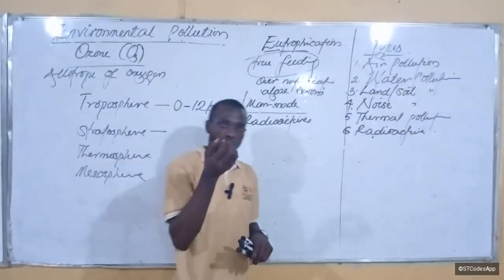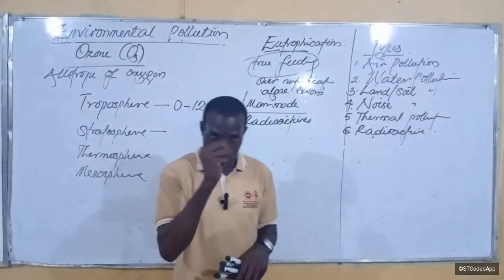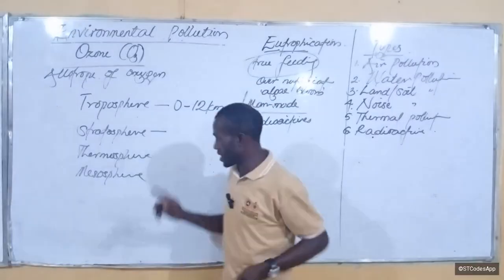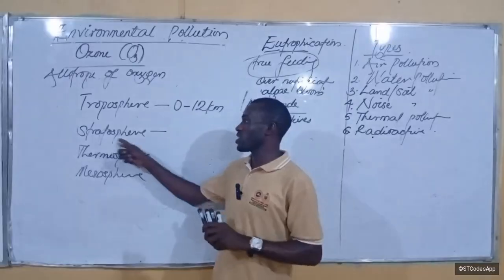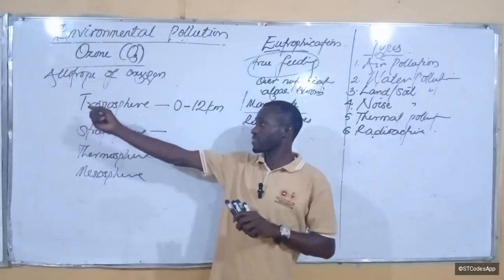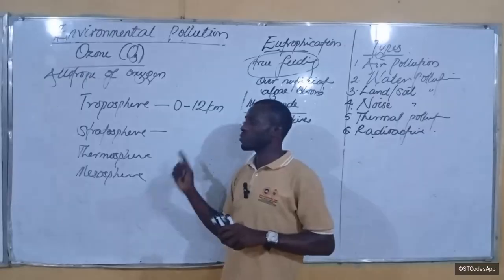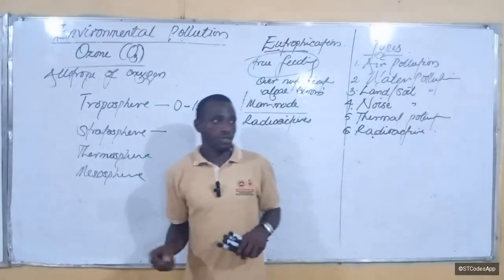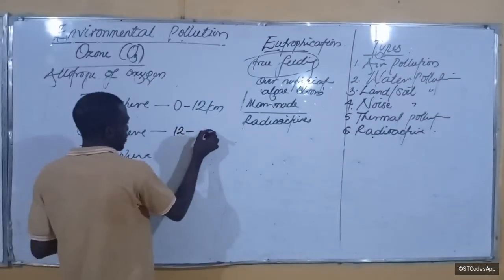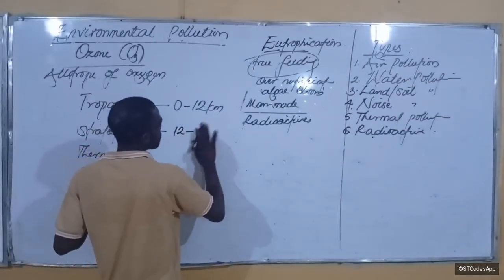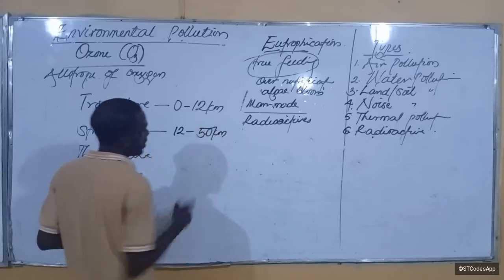After that layer in the onion, the other layers surround it. The layer immediately after the troposphere is the stratosphere, which exists from about 12 kilometers to about 50 kilometers above sea level.